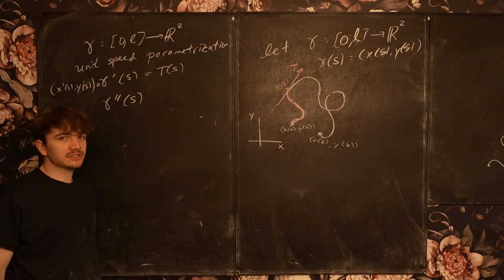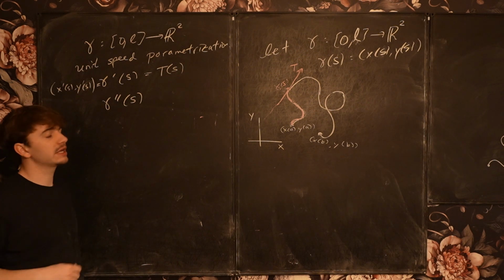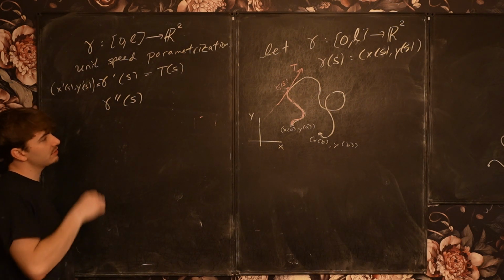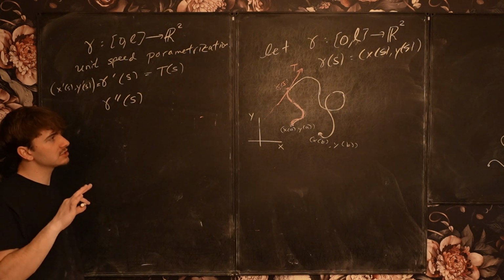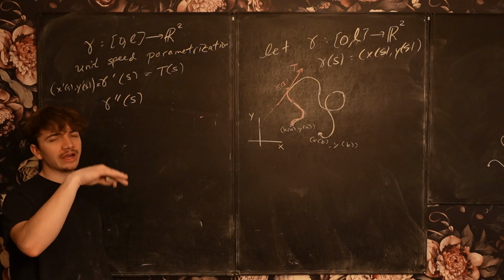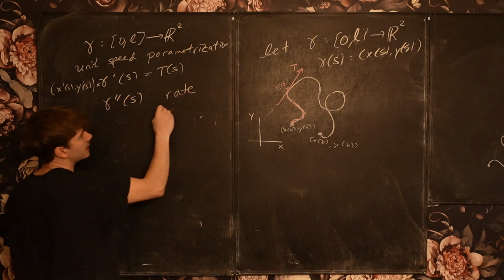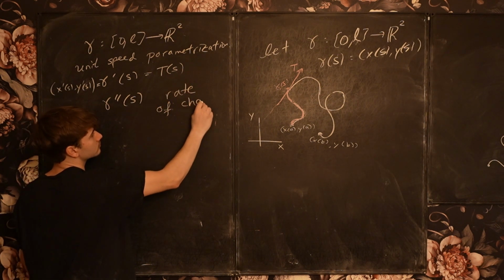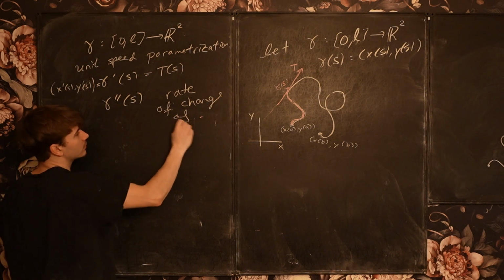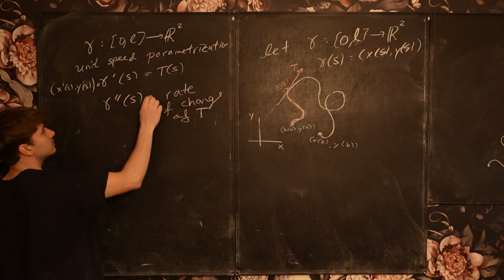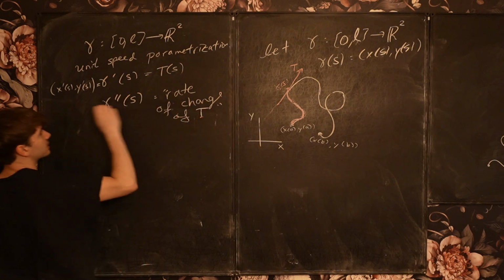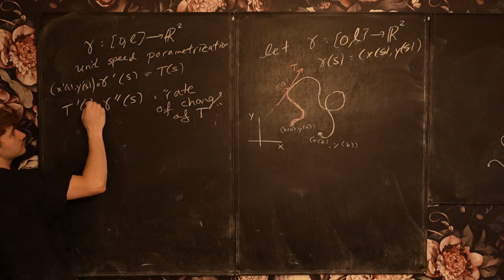As we discussed in the previous video, but I'm going to cover it again, gamma double prime of s is the rate of change of the tangent vector. And of course this is T prime of s.